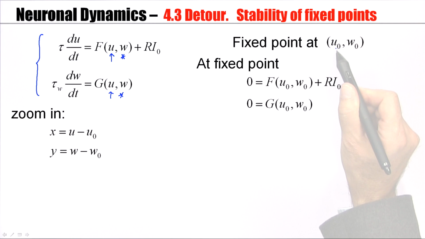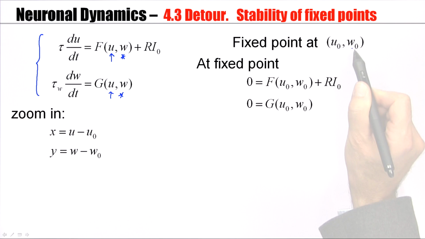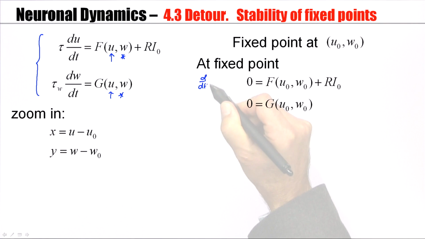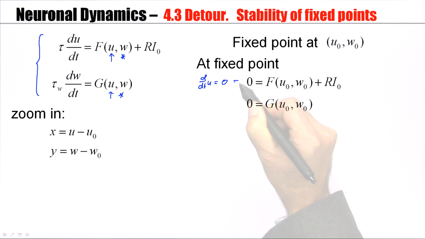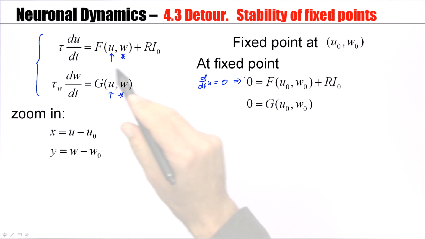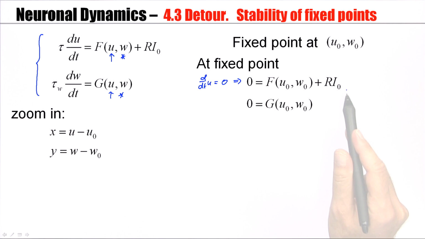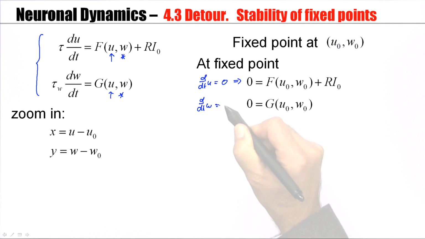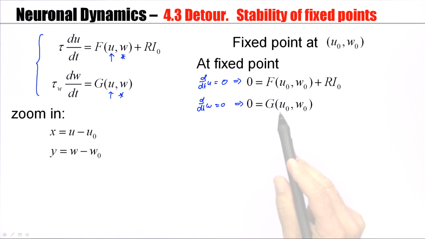At the fixed point, say a fixed point denoted at u0, w0, there is no change of d dt u. That means this right-hand side must be equal to 0. At the fixed point, there is no change of w. That means the g function at the fixed point is evaluated to 0.